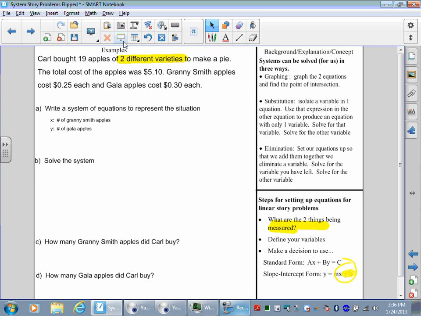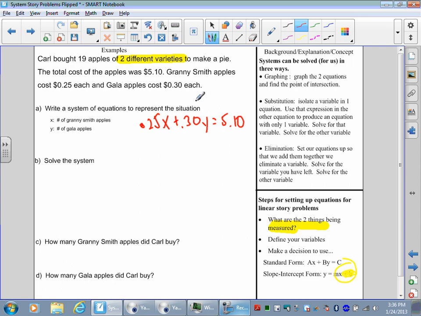Now, I know that the cost of the apples was $5.10. Granny Smiths cost 25 cents each. So that's 25 cents times the number of Granny Smith apples I bought, plus 30 cents times the number of Gala apples I bought, and I spent a total of $5.10. There's my first equation.